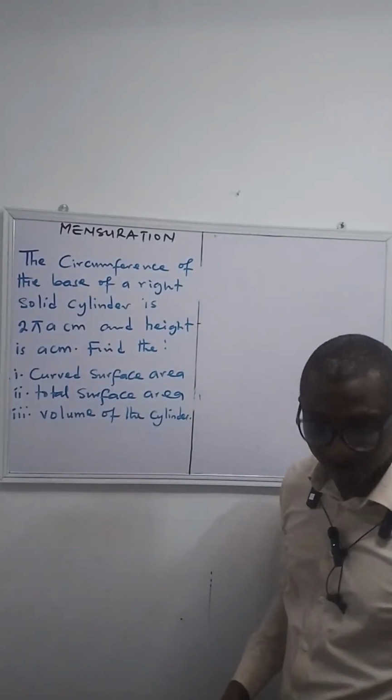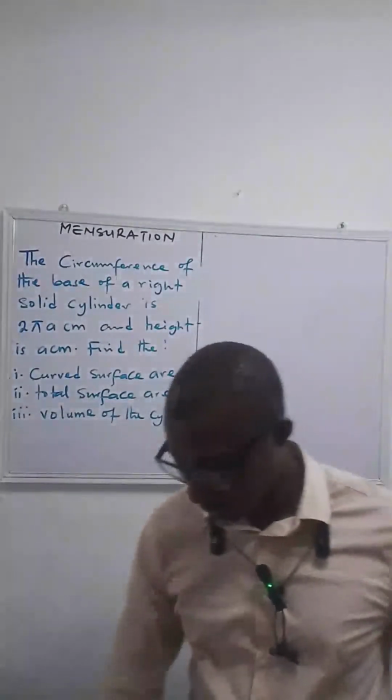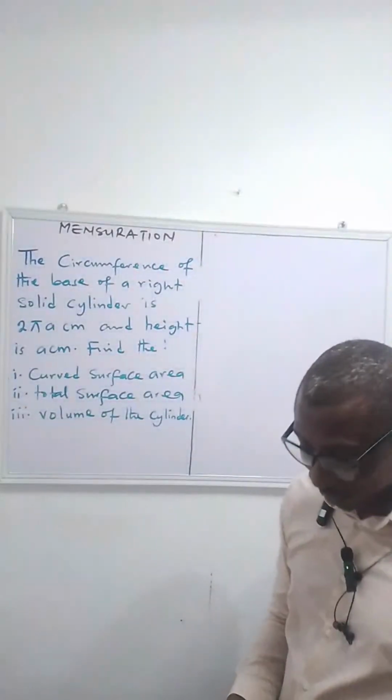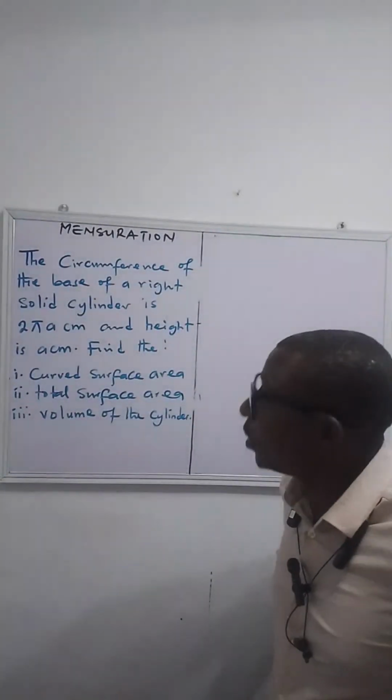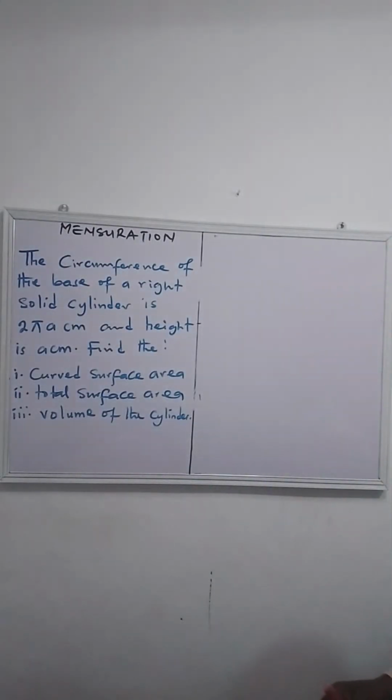All right, this is another question. Let's look at this question before we do it together. So I want you to read the question and digest the question. Okay, so now the question says, the circumference of the base of a right solid cylinder is 2 pi a centimeter and height is a centimeter.